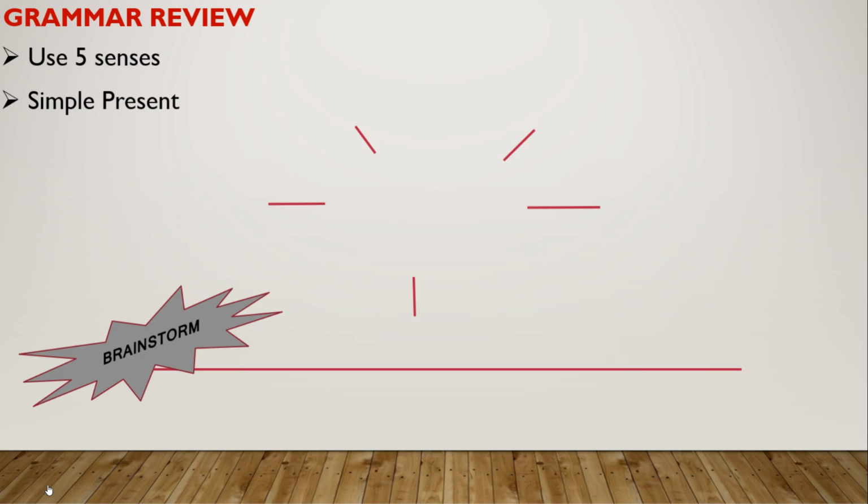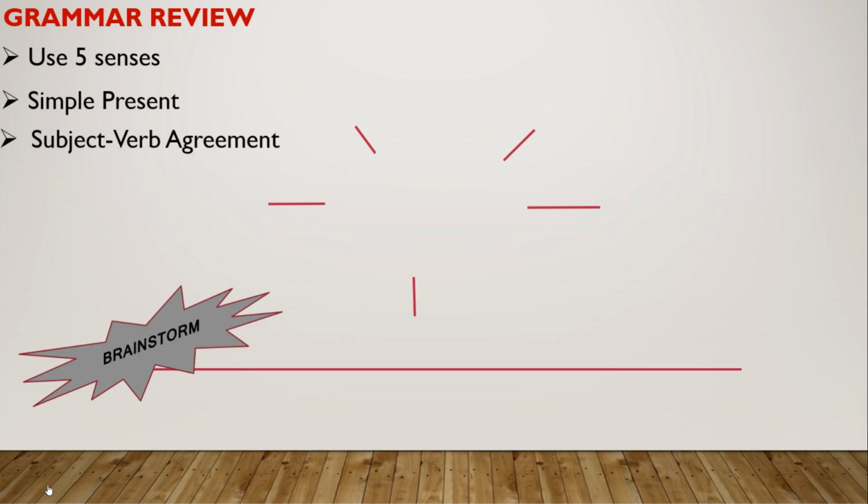In English, we also use simple present a lot because when you describe facts or describe how you feel about something, you use simple present, okay? And last but not least, you have to make sure that your subject and verb are in agreement, okay?